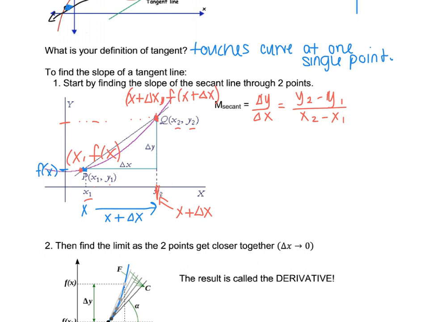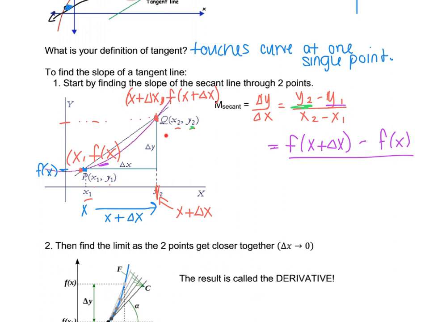So the slope of the secant line, we're taking our two y values and subtracting. So y2, which was written here this way, instead of y2, I'm actually using this new way of writing it, f of x plus delta x. So our slope is y2, which is f of x plus delta x, minus y1, which is f of x, divided by x2.